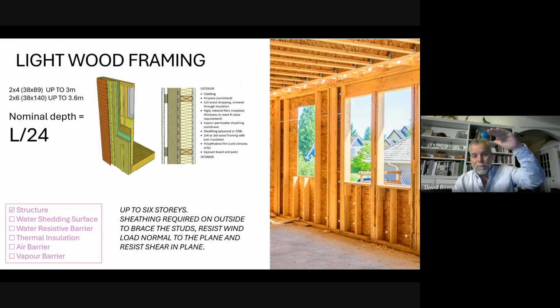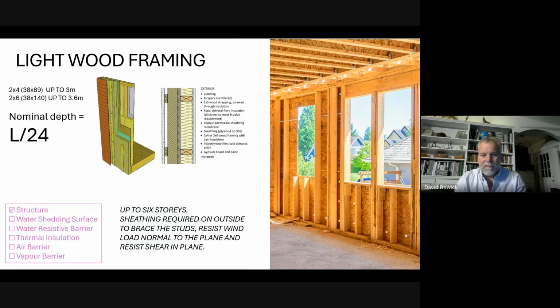So what does that tell you? 2.4 meters tall, 100 millimeters thick. Now that's nominal. Nominally 100 millimeters, a 2x4 meets that. The actual dimension is 89, the nominal dimension is 100. So we're good. We can use a 2x4 as our backup wall.